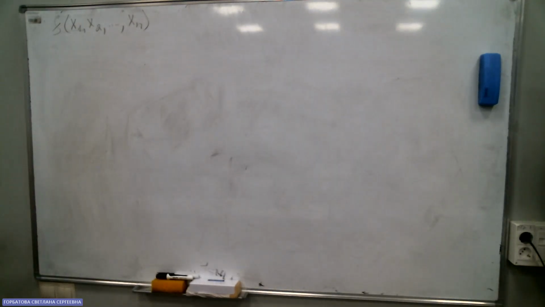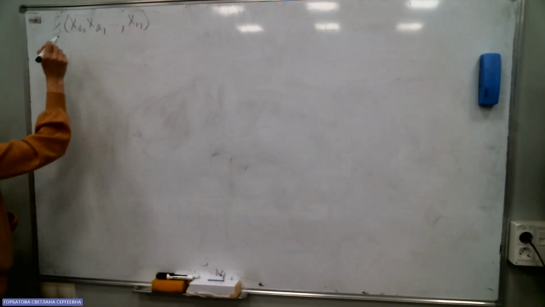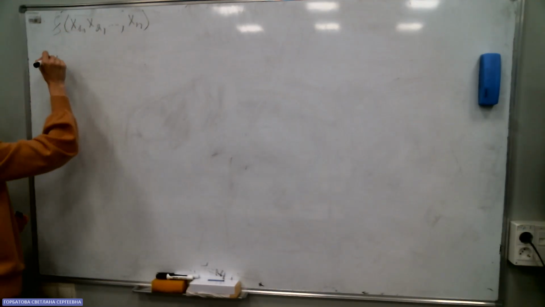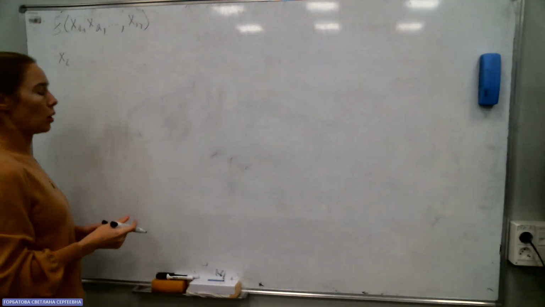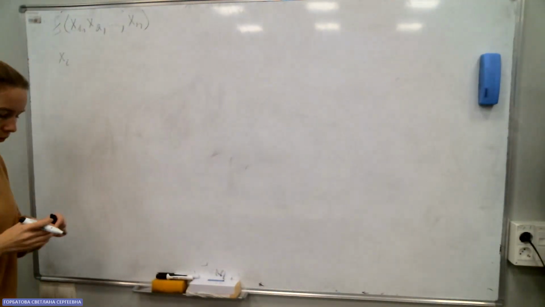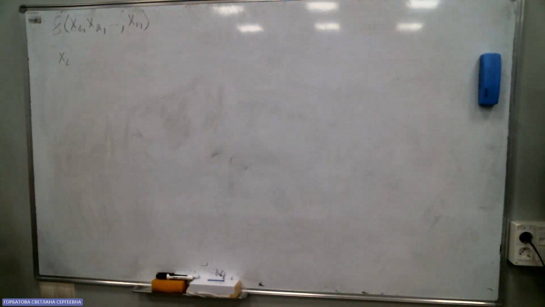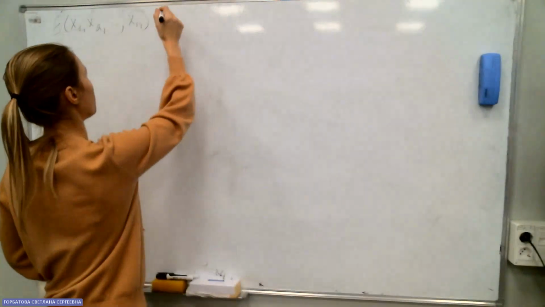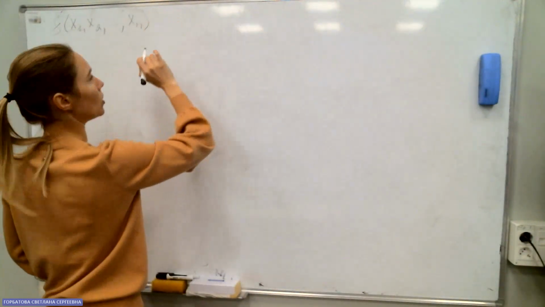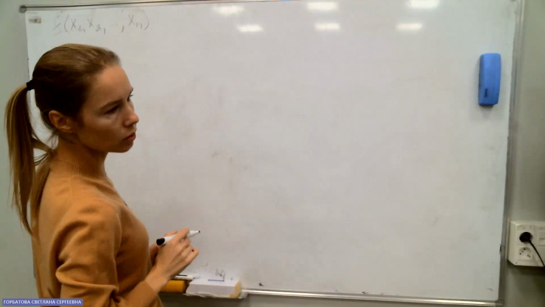So it can be represented as, for example, here is variable xi, and we need to remove this variable in this function. For example, let's use an example.